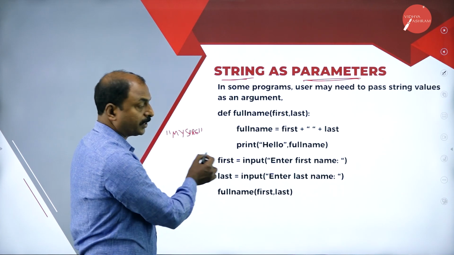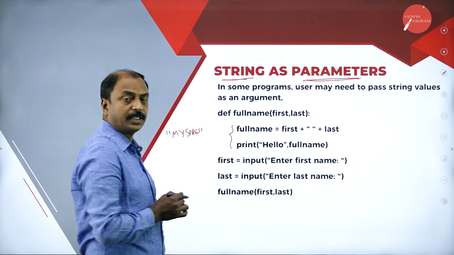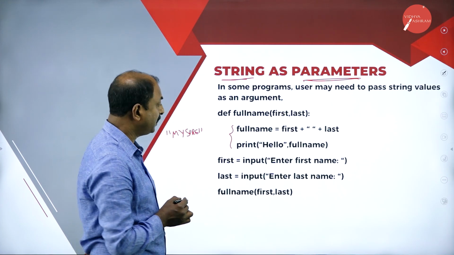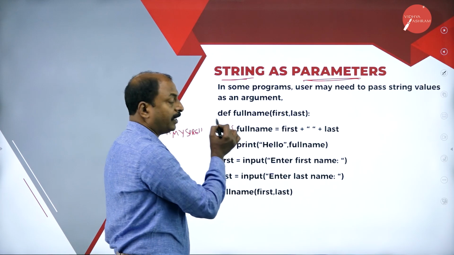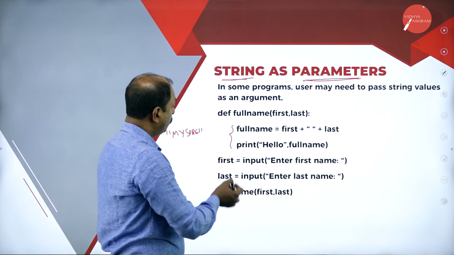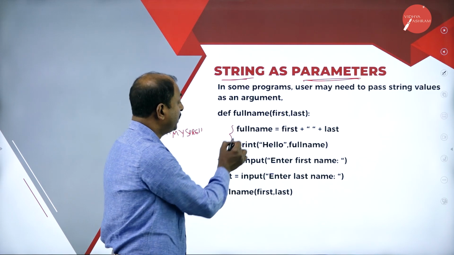If you look at the example here, these two statements are the function definition, or body of the function. As we have changed the indentation, from here to here is the function. Next we have changed the indentation again, so these are not a part of this function.